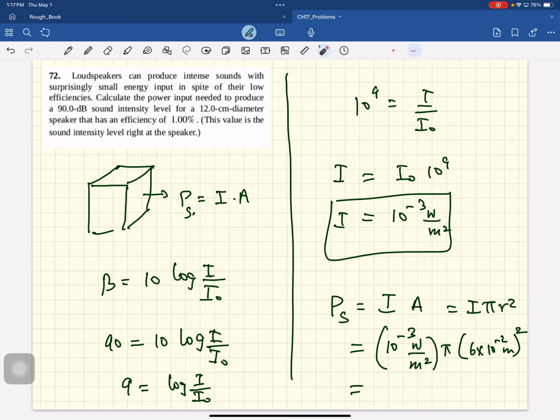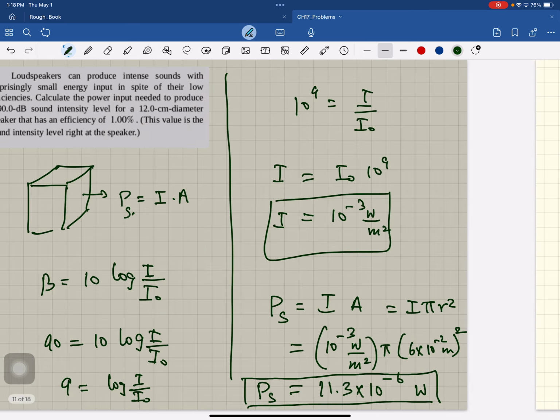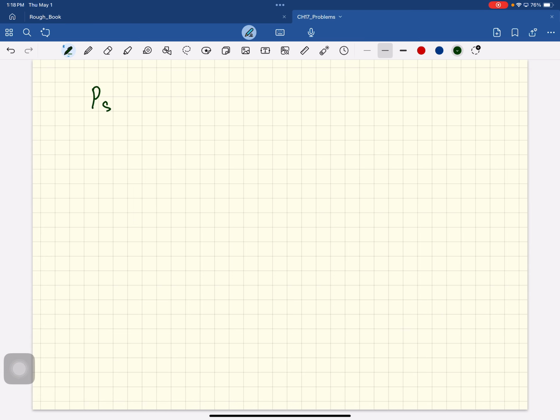Taking care of powers of 10, this becomes 10 to the minus 7, and that's 36 pi, so 11.3 times 10 to the minus 6 watts. This is the power of the sound.